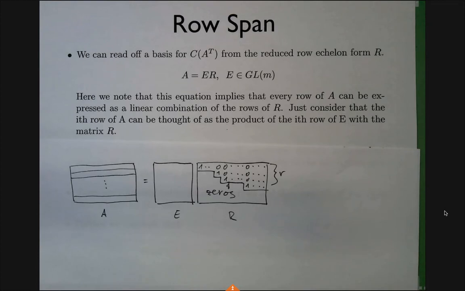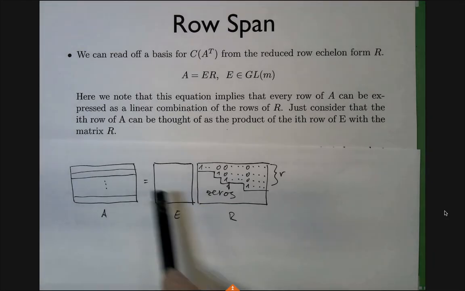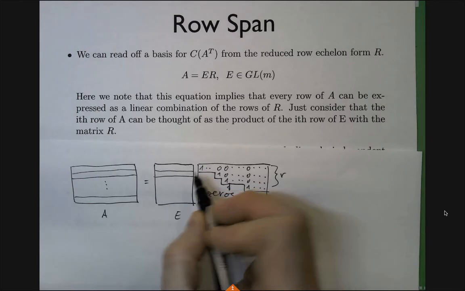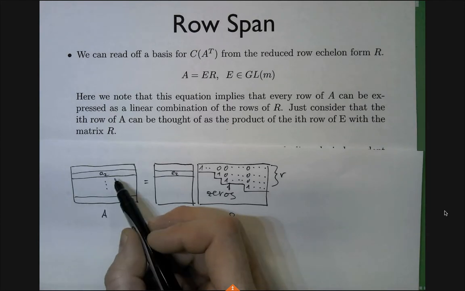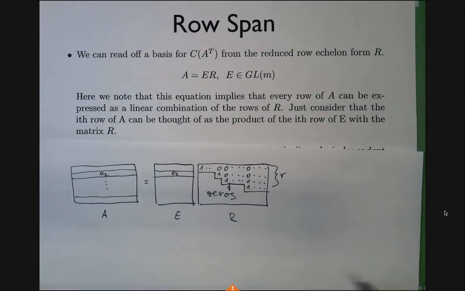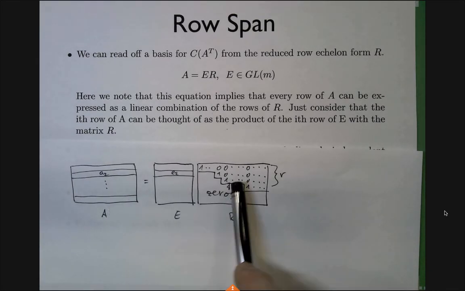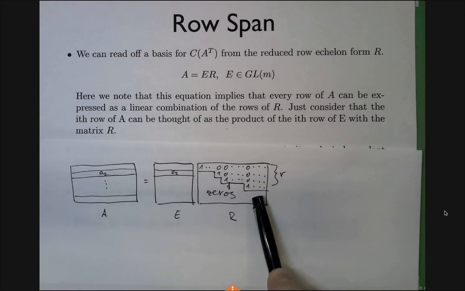Again, I'm just referring to your matrix multiplication intuition. Let's take the second one, A2, here would be some E2, right? So A2 is just E2 times R, which means a linear combination of the rows of R. And every row of A is just a linear combination of the rows of R. Well, that means that the rows of R exactly span the entire row space, right?